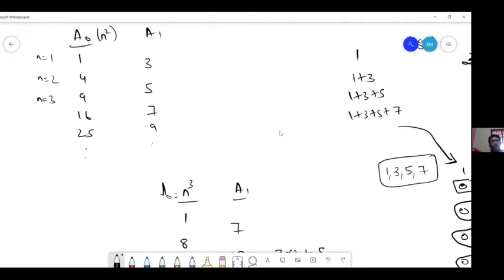Now, can we give a formula that will generate this A1? Once you get the formula, you can put it in chat to me. And similarly, if you take A0 equal to n cube, can you again try to find a formula that generates A1, A2, and so on?